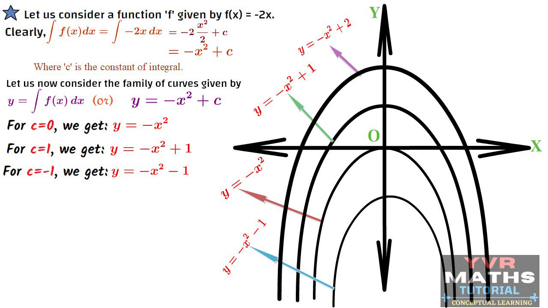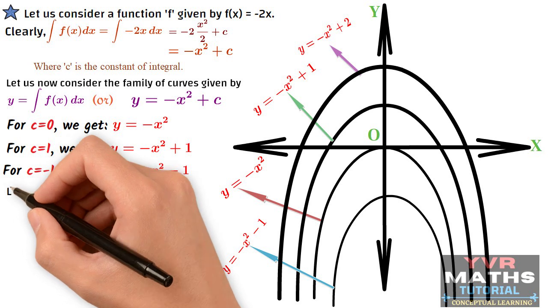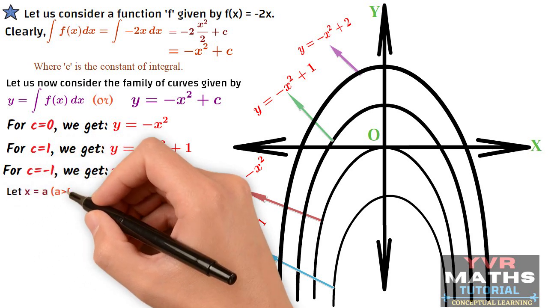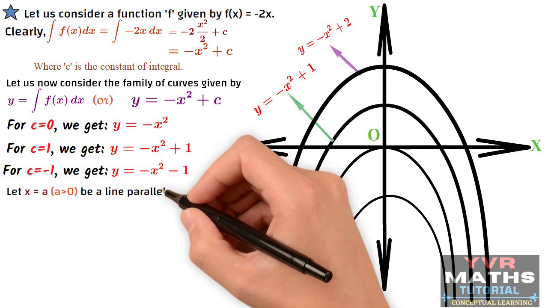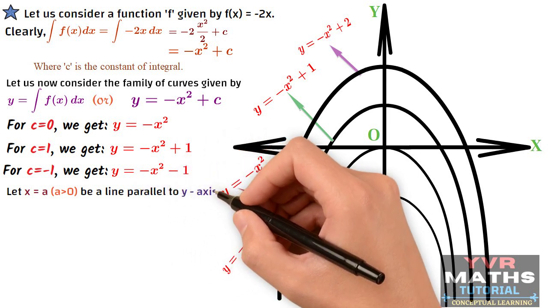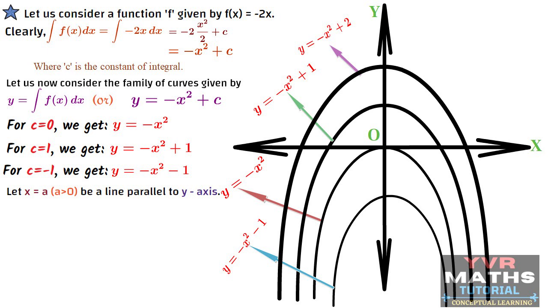Let us now consider the points of intersection of each of these parabolas with a line parallel to y-axis. See, let x is equal to a, where a is positive, be a line parallel to y-axis. Why am I taking a positive? If you want, you can take negative also. If you take a negative, the line will intersect on the negative x-axis, and it will be parallel to y-axis.